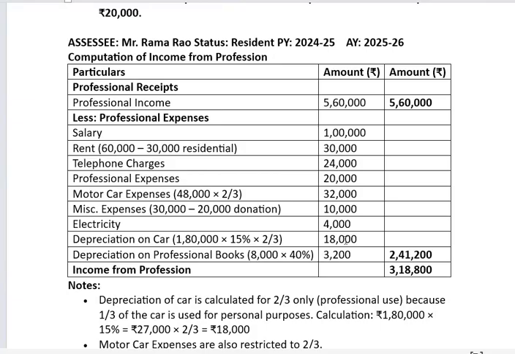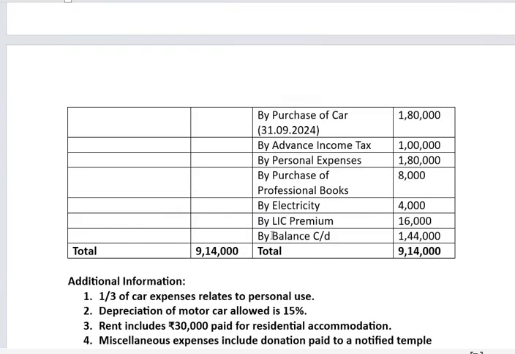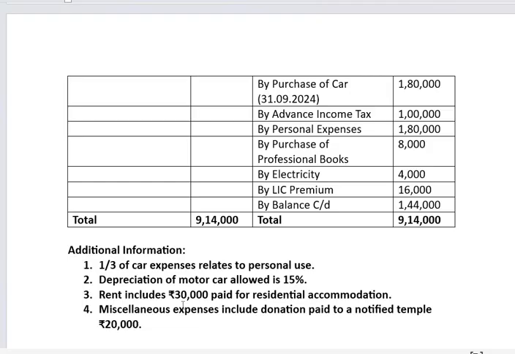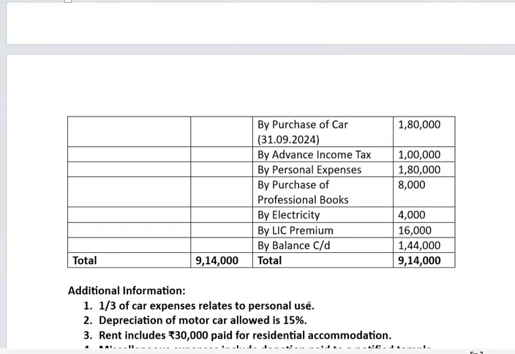If we use the car for less than 180 days, here we have to add 1/2 also. In this case, he used the car for more than 180 days, so we can calculate the full depreciation. But 2/3 we are taking because the motor car is used only 2/3 for professional purpose. Then the third one, rent includes ₹30,000 paid for residential accommodation.